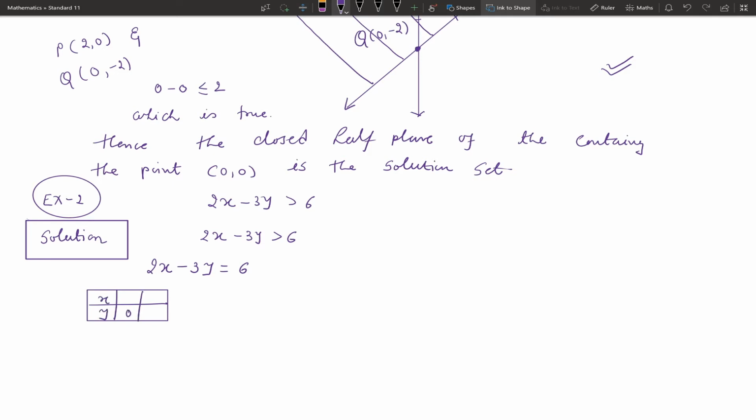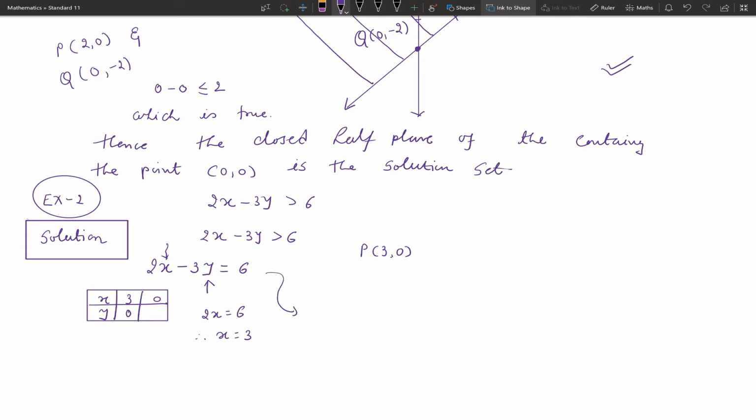We take y coordinate 0. In the equation you put y equal to 0. So you will get 2x equal to 6 and therefore x will be 3. So one point of the line is P 3, 0. Since y coordinate is 0, that means we have taken a point from the x axis. Now we take x coordinate 0.